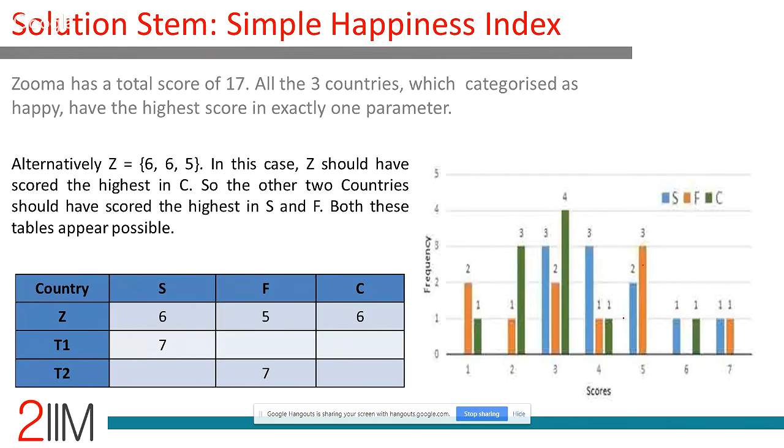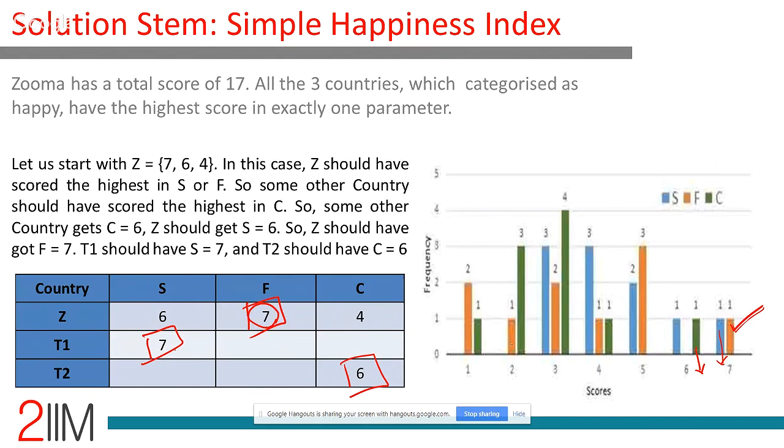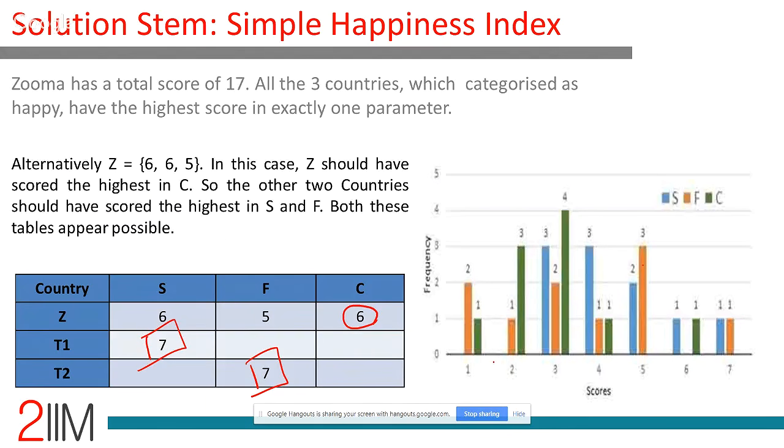The other way around, if you're looking at it from the 656 point of view, then Zuma has got the highest in C. The other two should have got the highest in S, which is social support, and in freedom. So the 3 happy countries should stack up like this: 674 for Zuma, and then 7 and 6 for the other two, or 656 for Zuma, 7 for the other two.